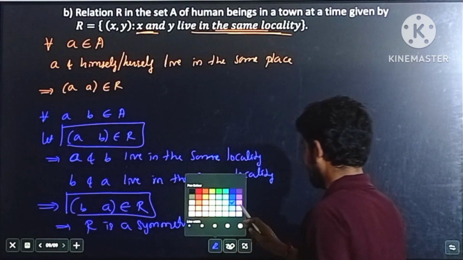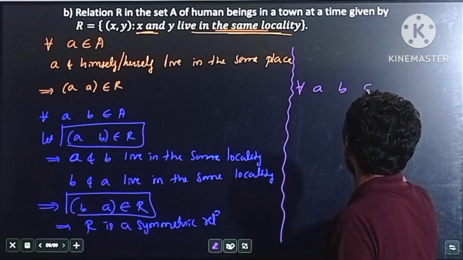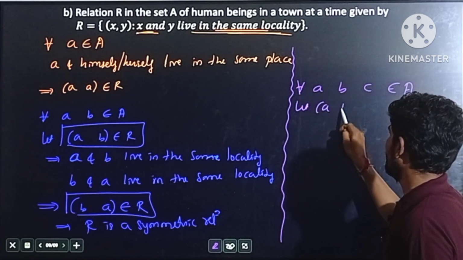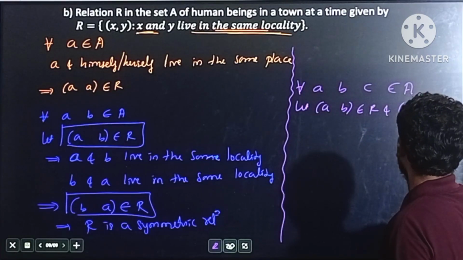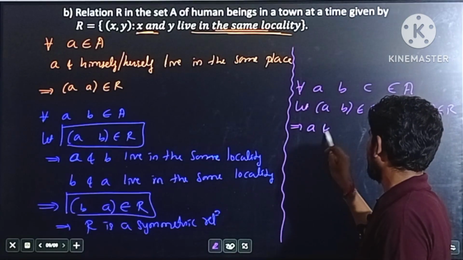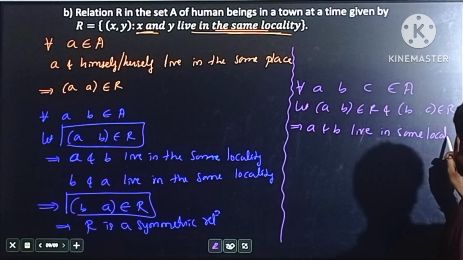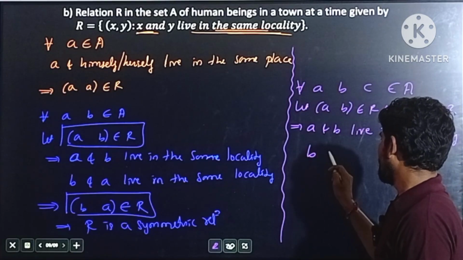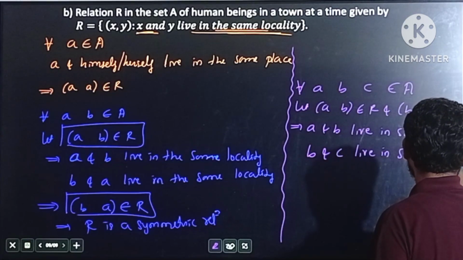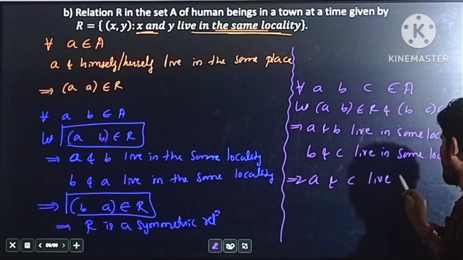Now for the transitivity relation, let us consider three members in the set A. For all A, B and C belonging to the defined set A, let us consider the pair AB in R and the pair BC in R. If AB is in R, which implies A and B live in the same locality, and B and C live in the same locality, which implies definitely A and C live in the same locality.